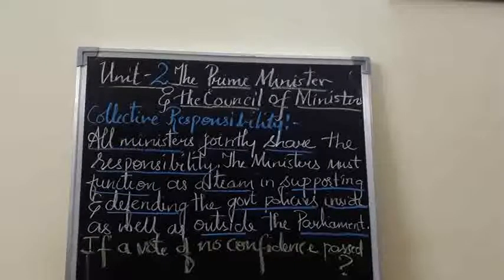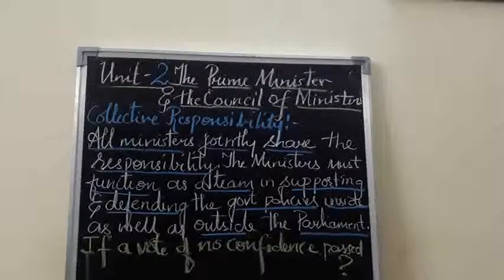So just like that, all the ministers jointly share the responsibility. The ministers must function as a team in supporting and defending the government policy inside as well as outside the Parliament. So inside the Cabinet room, they can differ with their ideas. But once the policy is out, they have to speak in one voice.